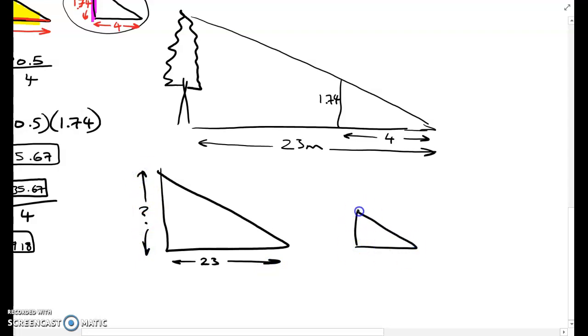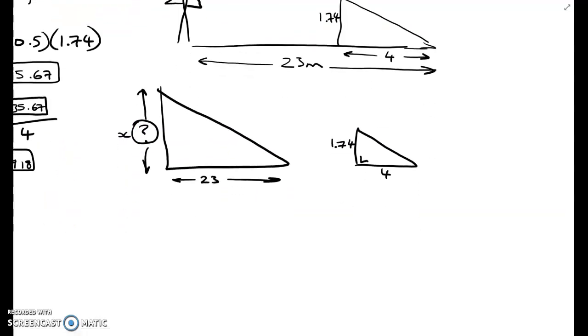And we have a smaller triangle. We're going to use that same small triangle that's given to us previously to help us find the height of the tree. You can call that X. So remember, put the side you're missing, that side there, over the equivalent side over here on the other triangle.